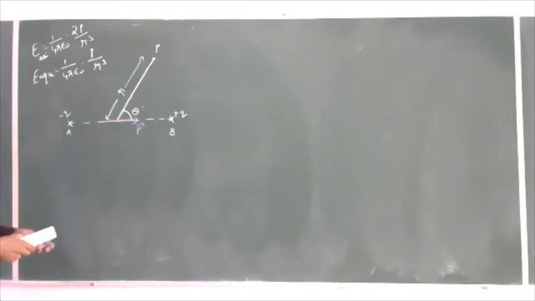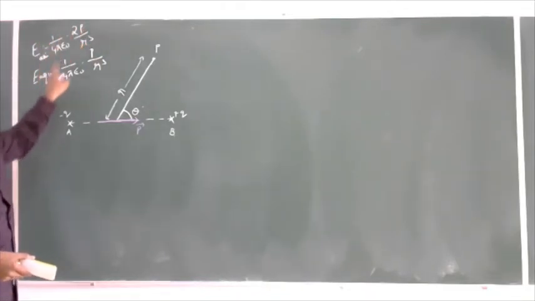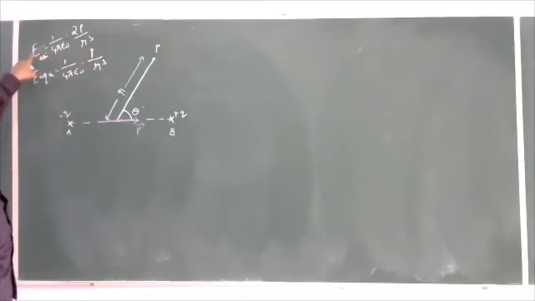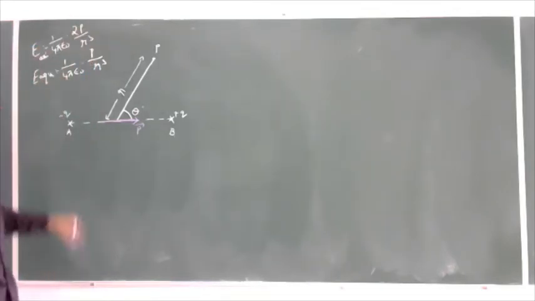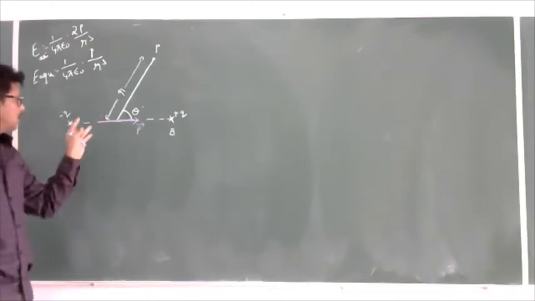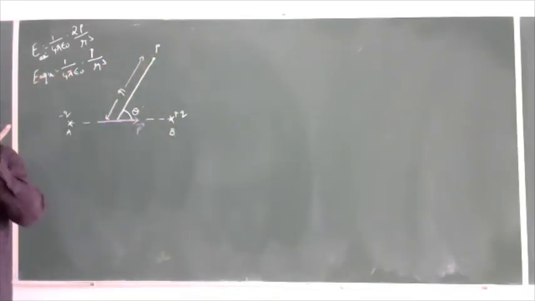So the electric intensity depends upon the dipole moment. On the axial line, the direction of electric intensity is the same as that of the dipole moment. In the previous class we discussed that on the equatorial line, it is parallel to the dipole moment but in the opposite direction.